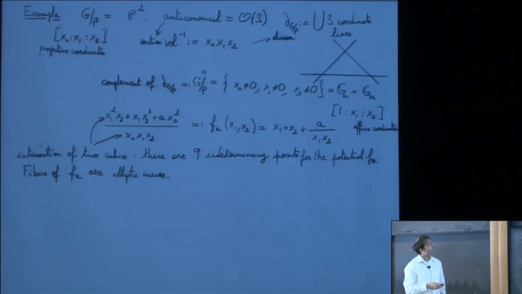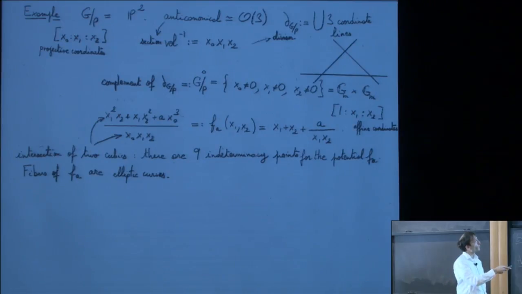So maybe the simplest example is P2. To be sure everybody is on the same page, what you remove is a union of 3 lines, and so the volume form is dx0, dx1, dx2 divided by x0, x1, x2 on the projective coordinates.